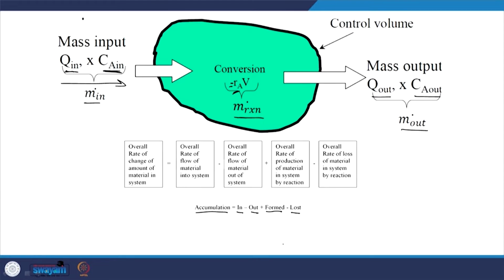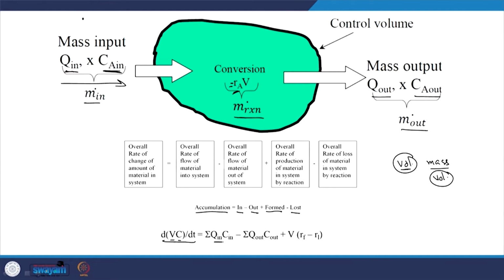So, if I put this in terms of the variables that I am going to use, I have d(VC) by dt. V times C is nothing but mass, as in V is volume and concentration is mass per volume, so if these two cancel out, I am left with mass. So, it is nothing but change in mass per time within that control volume.